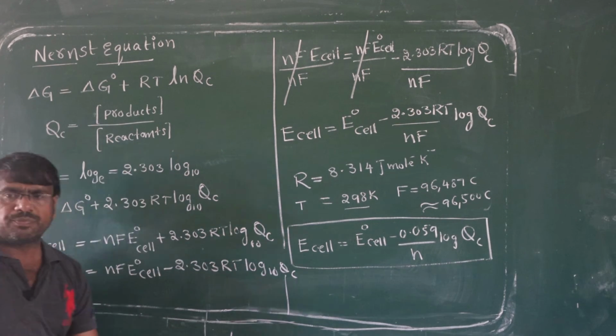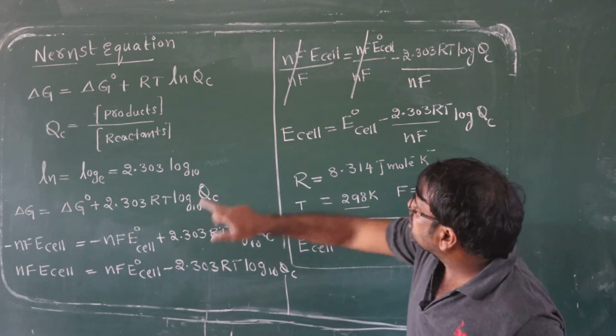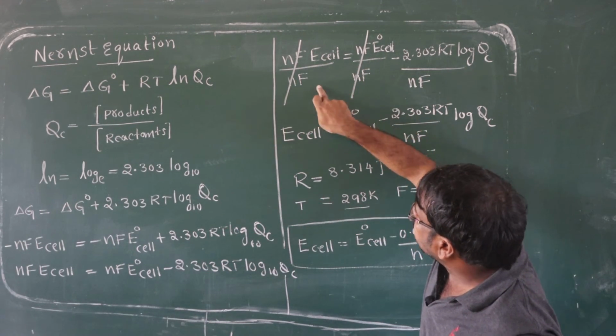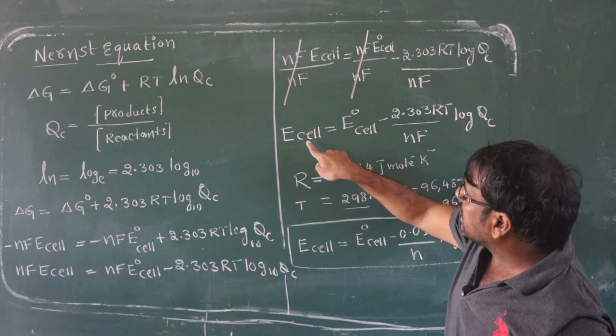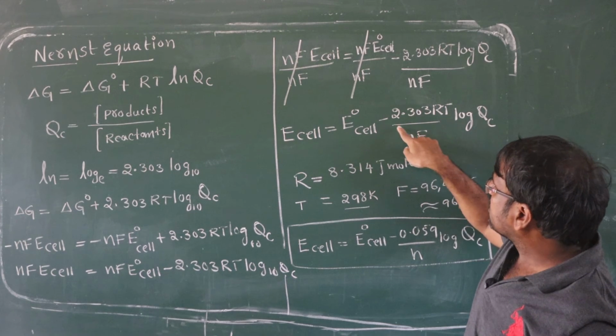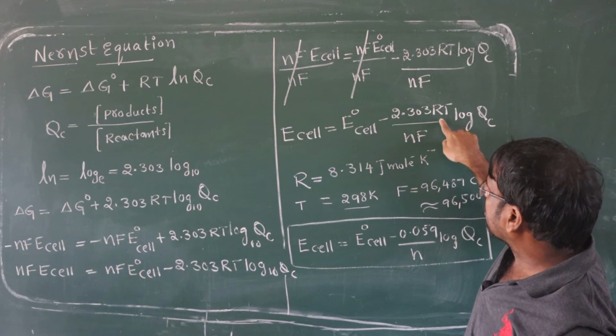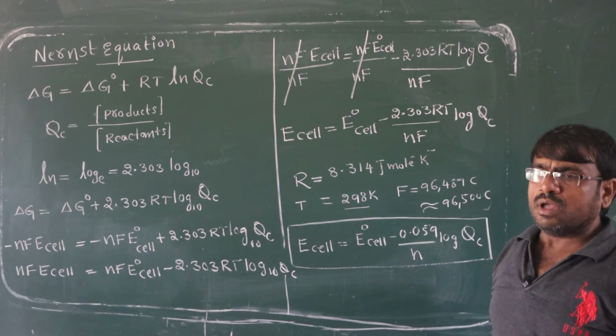If this equation is divided by nF, nF cancels, and the final equation is E cell is equal to E naught cell minus 2.303 RT by nF log Qc.